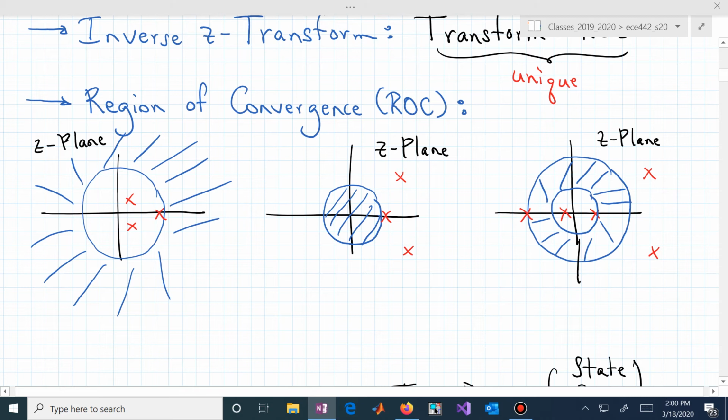What kind of a waveform corresponds to this particular pole region of convergence pattern?